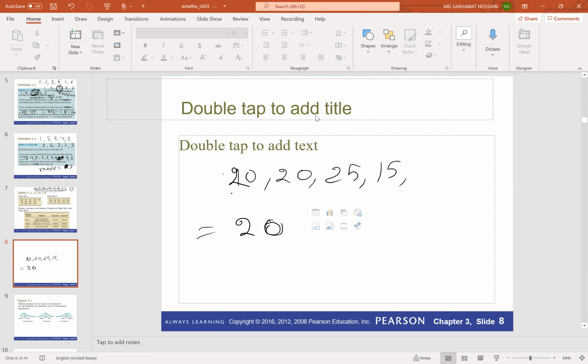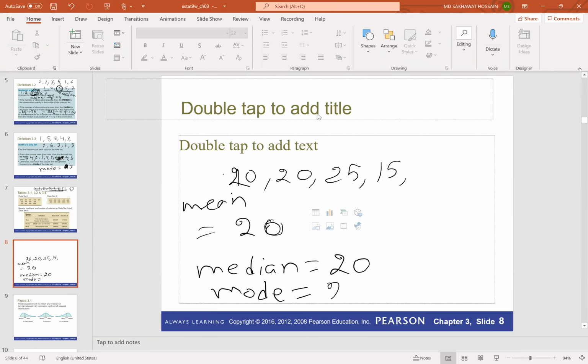This is our mean, right? What is the median in this case? 20. Yeah, the median is also 20, right? So what is the mode in this case? This is also 20, right?